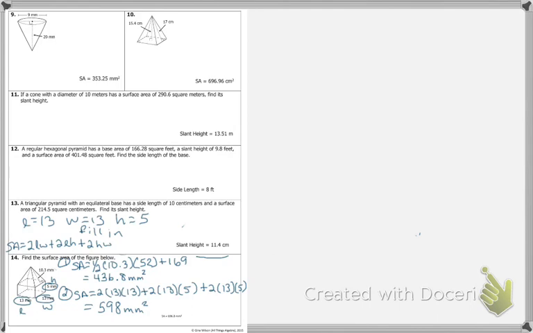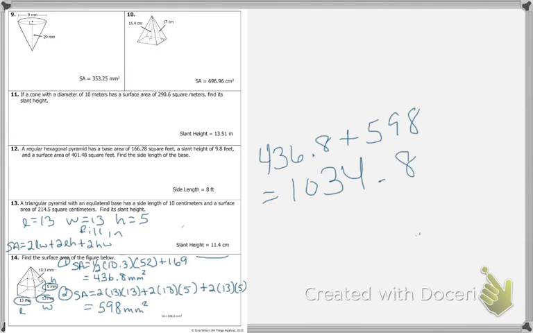So I have both surface areas, and if I add both of them, if I add 436.8 plus 598, I get 1,034.8. But let's zoom in, or I'm gonna zoom in. I can do that in mine.